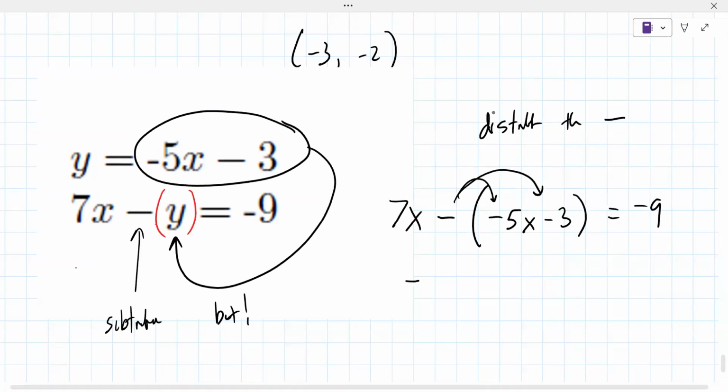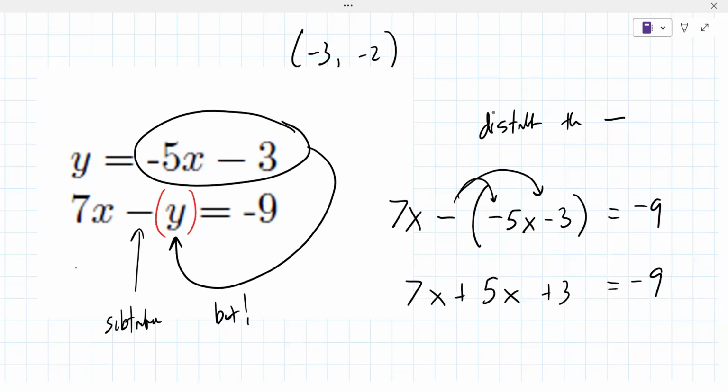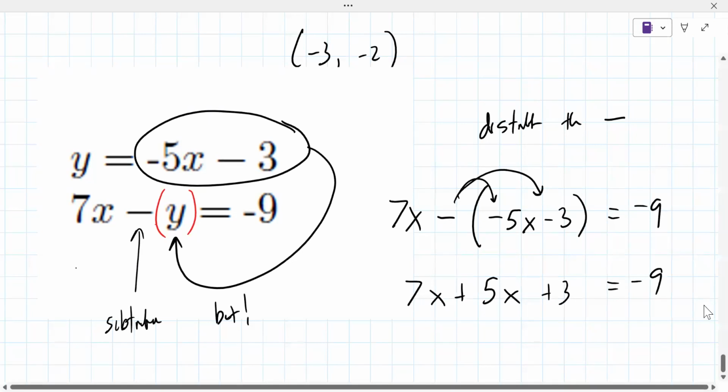All right, so now this becomes 7x plus 5x plus 3 equals minus 9. And now it just looks like all the other problems we've been doing. Is that okay?